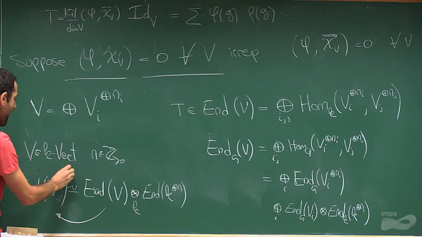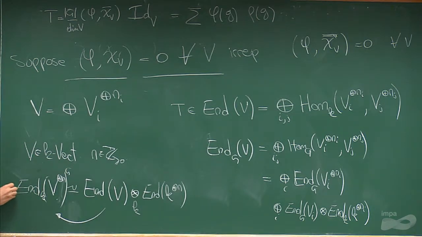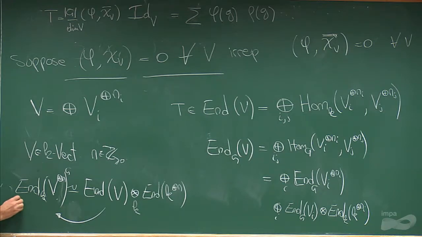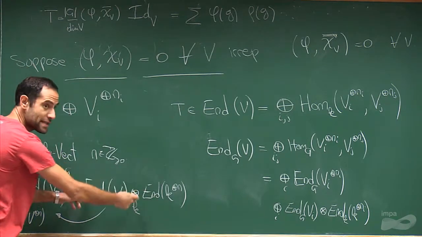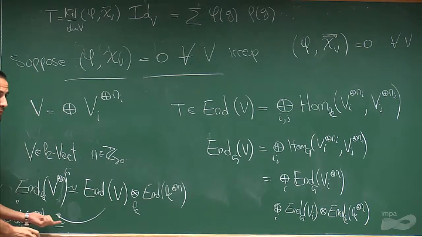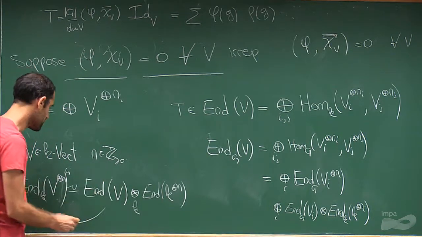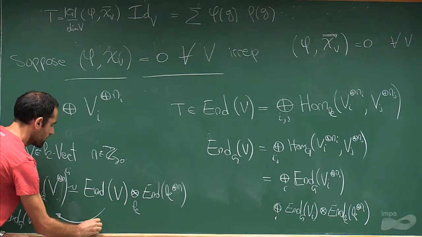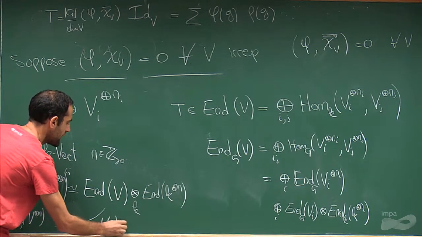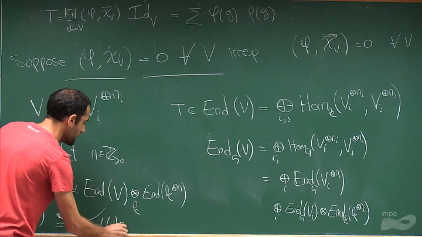Therefore, if I look at invariants here, which by definition are the G endomorphisms of V to the n, it is going to be the invariants here. But every endomorphism here is an invariant. So I get just the G endomorphisms of V tensor that space, which was just a multiplicity space.